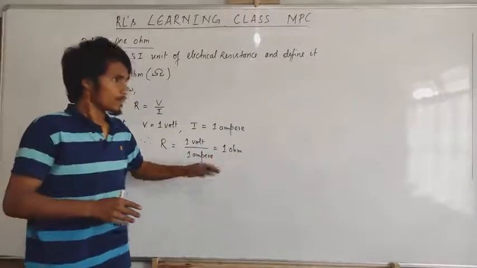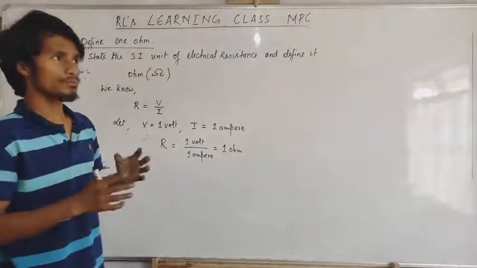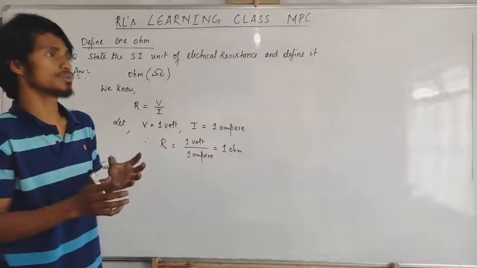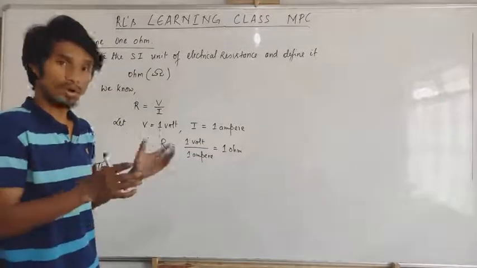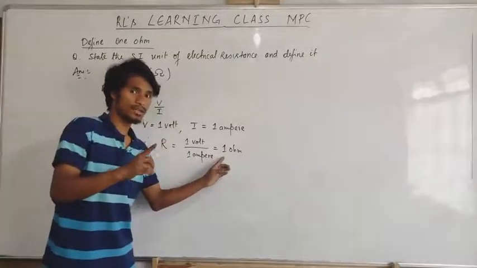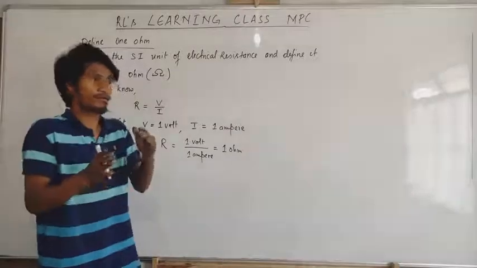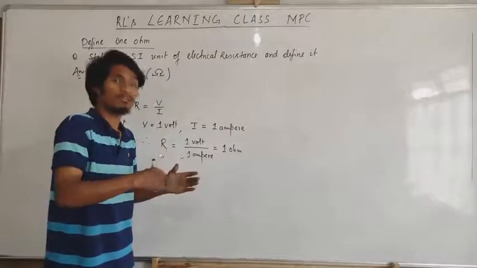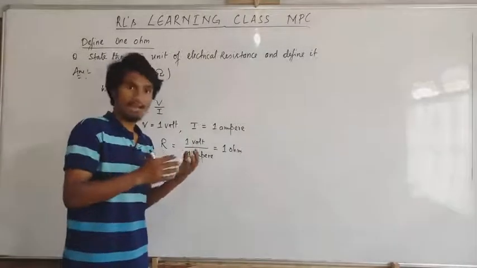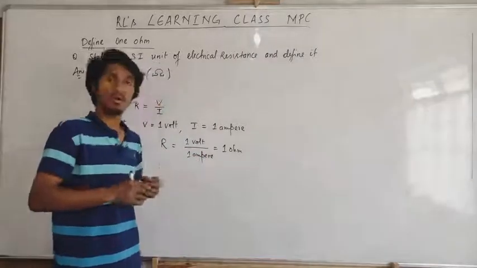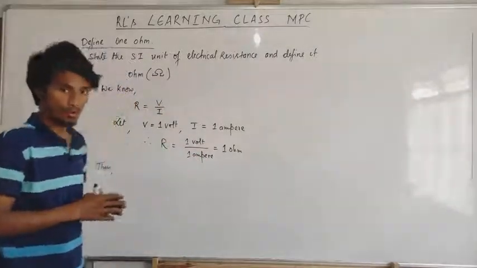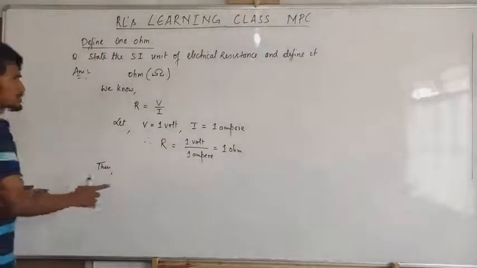Or, resistance is said to be 1 ohm when 1 ampere of current flows through a conductor under an applied potential of 1 volt, or under a potential difference of 1 volt. You can find that. Now, what is the definition of 1 ohm?